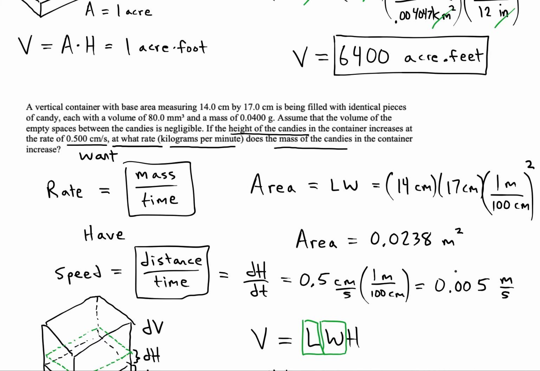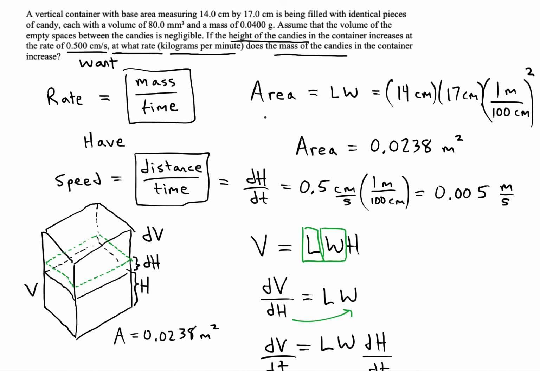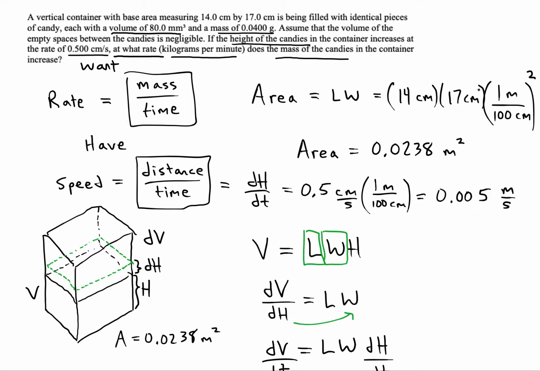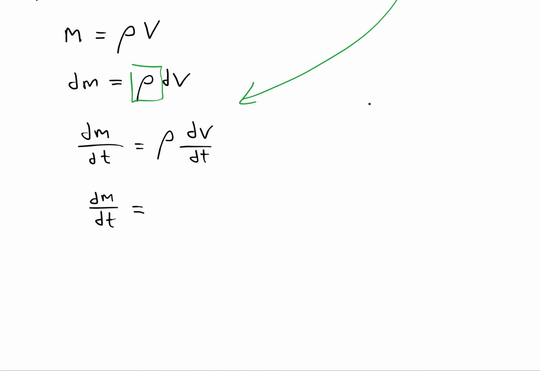So what is the density? I have to go back to the problem. Well, they tell you the volume of a particular candy, and they tell you a mass of that particular candy. So using those things, we can find the density of the candy. Alright, so on the side here, let's find the density of the candies.